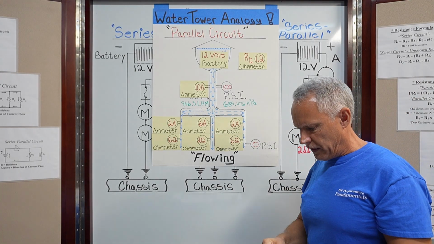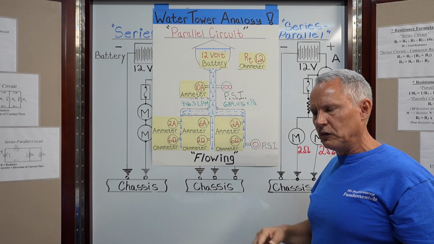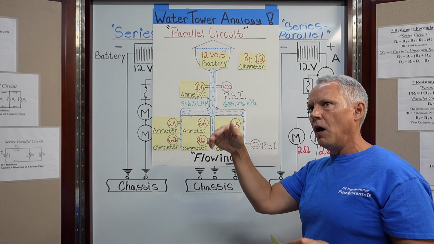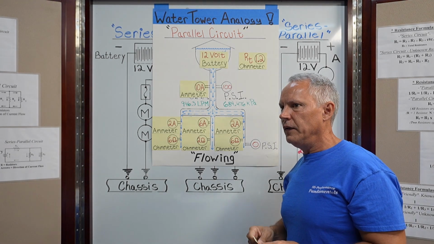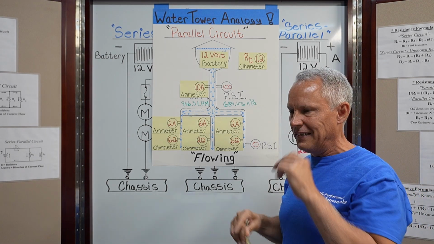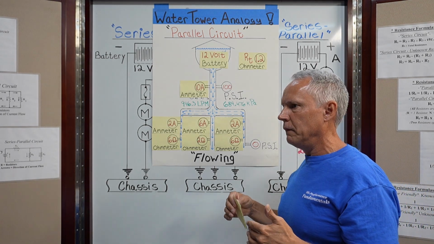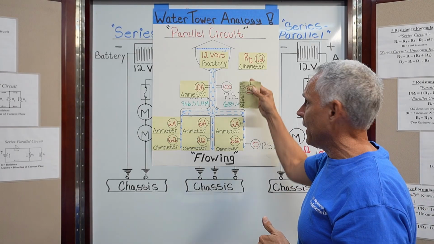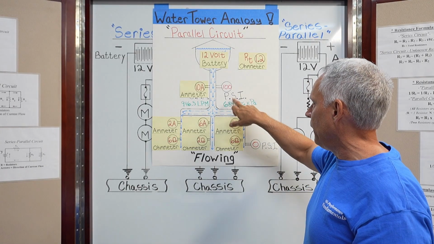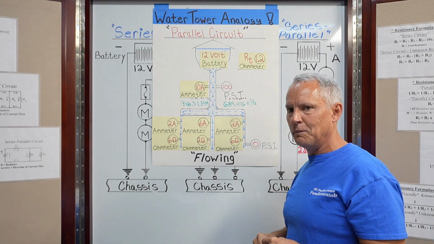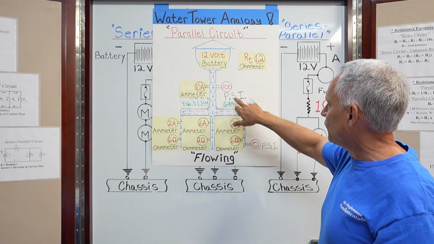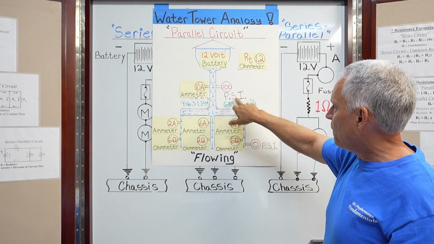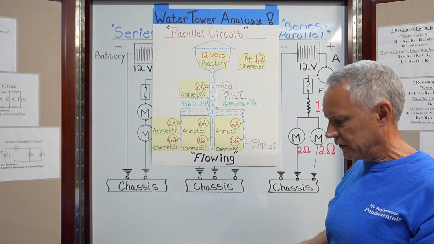Later on in our video series, we're going to have several different topics. One of them is going to be understanding the conversion from SAE or English over to metric. And one of the things we'll be talking about is PSI and kilopascals and things of that nature, right? So in this situation, this pressure gauge would be 100 PSI or 689.476 kilopascals.